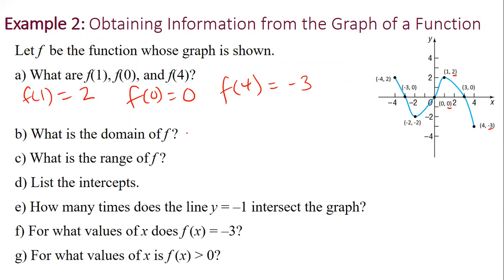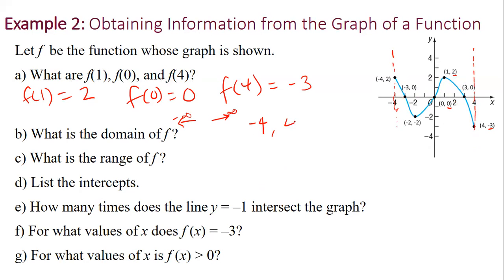All right. Domain. Your domain is asking what's happening as the graph goes towards negative infinity, and then what's happening as the graph goes towards positive infinity, right? So from left to right, what's taking place? When I look at the furthest left this graph goes, where does it stop at? Negative 4. When I look at the furthest right that this graph goes, where does it stop at?